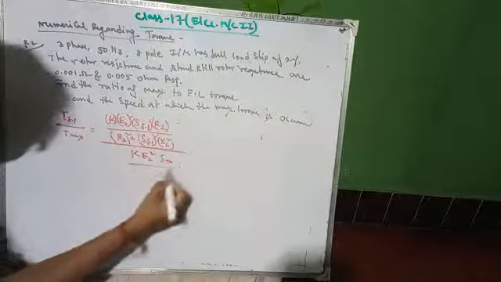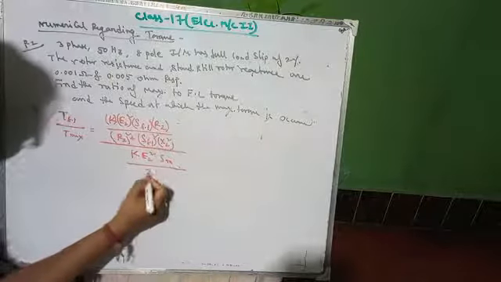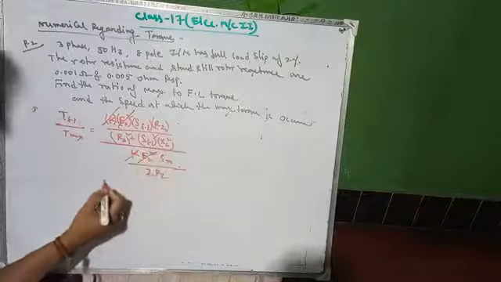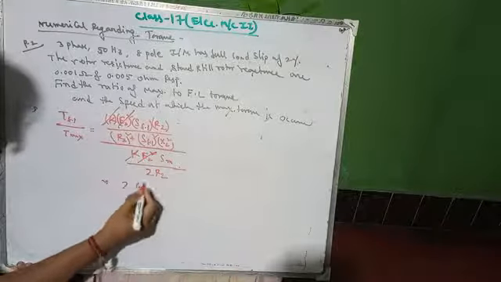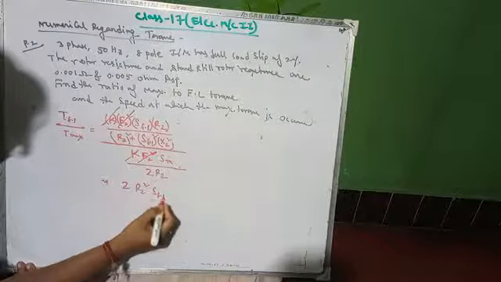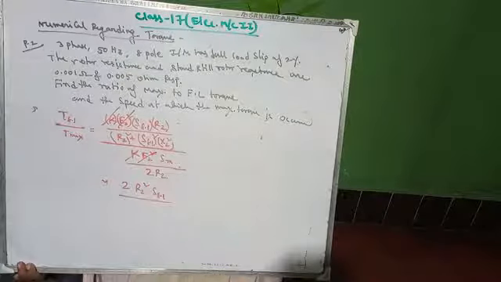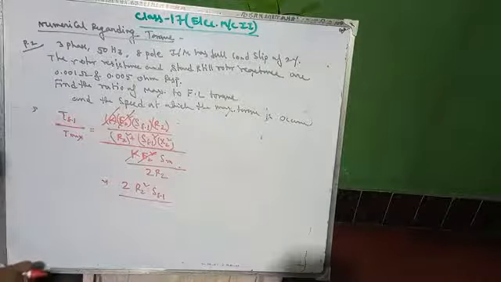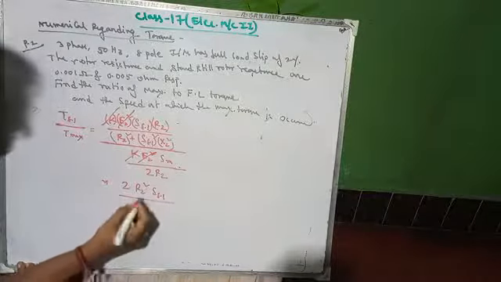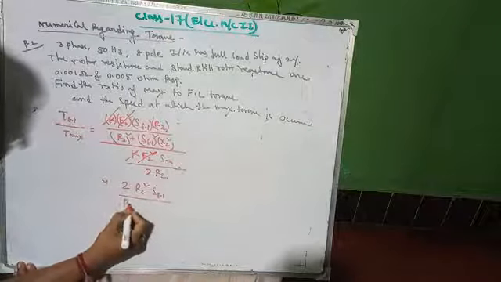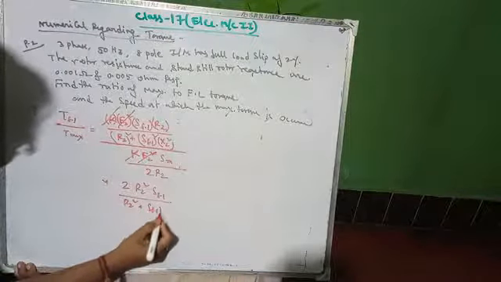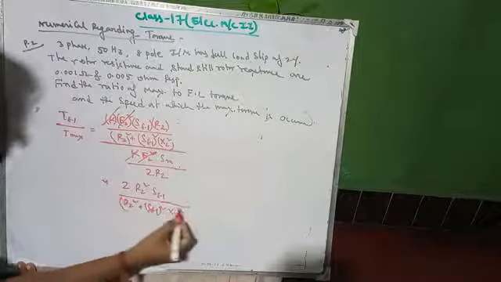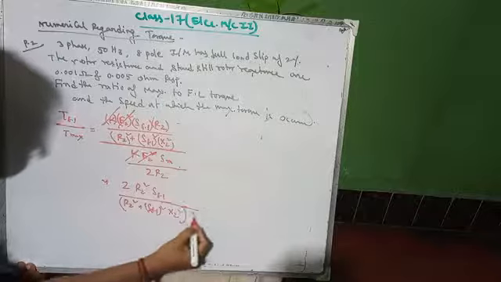SM divided by 2R2, right? So K will be cancelled out, E2 square will be cancelled out. So 2R2 square S of FL divided by R2 square plus S of FL whole square X2 square and multiplied by SM.